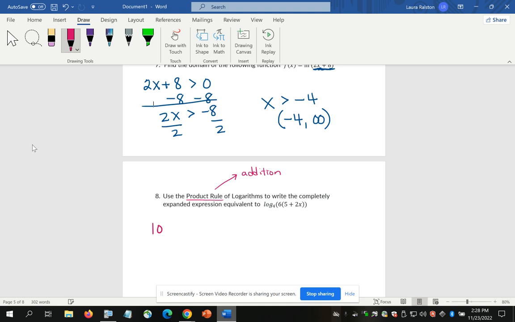It's going to be log base 4 of 6 plus log base 4 of 5 plus 2x. Now you may think you can expand log base 4 of 5 plus 2x, but that is a sum, not a product, and there's no rule that allows us to expand the sum of a logarithm. So that would be my answer.